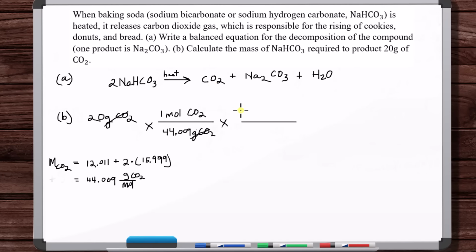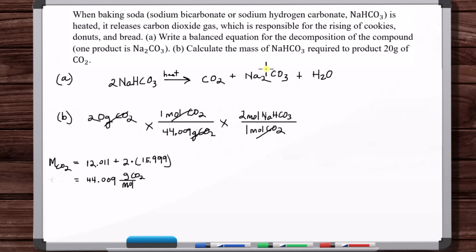Well, the stoichiometric equivalency, looking at these coefficients: for every 1 mole of CO2 produced, 2 moles of NaHCO3 were consumed. These cancel. Boom. Now, if we did this multiplication, we would know that to produce those 20 grams of CO2, this many moles of NaHCO3 were consumed.